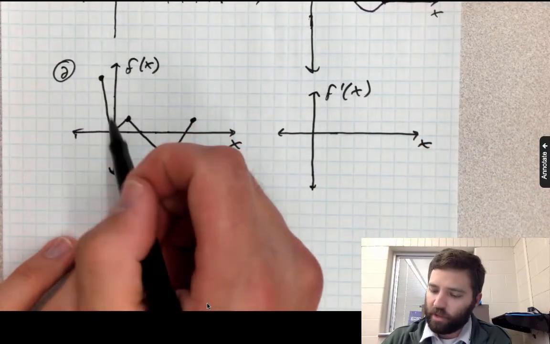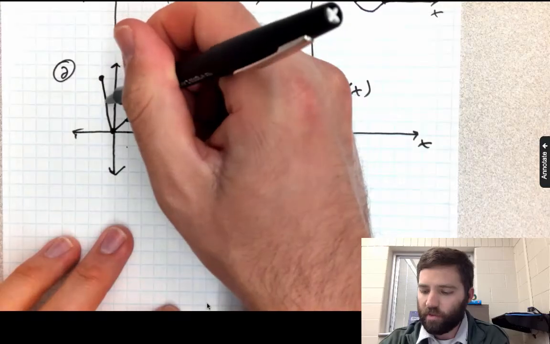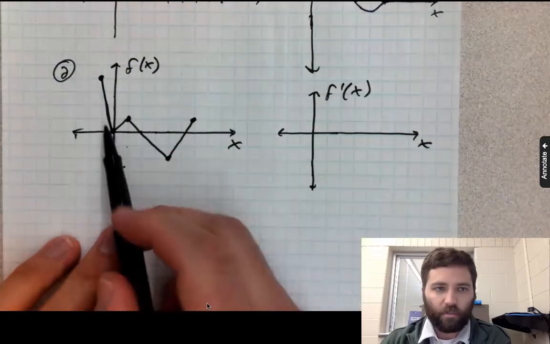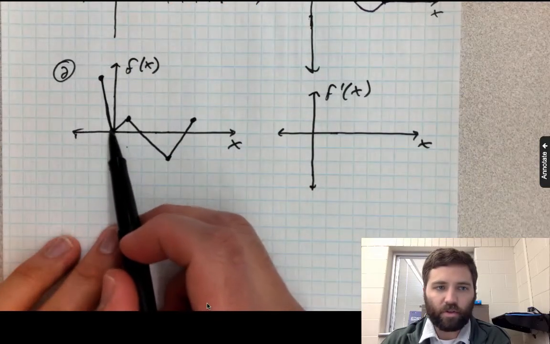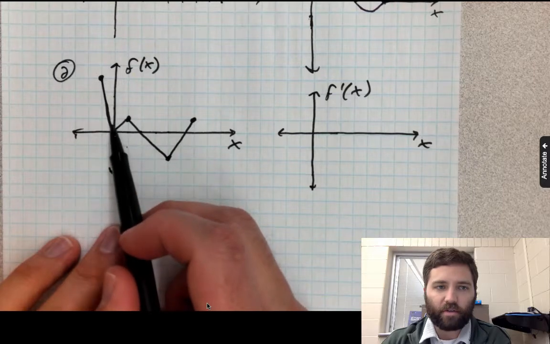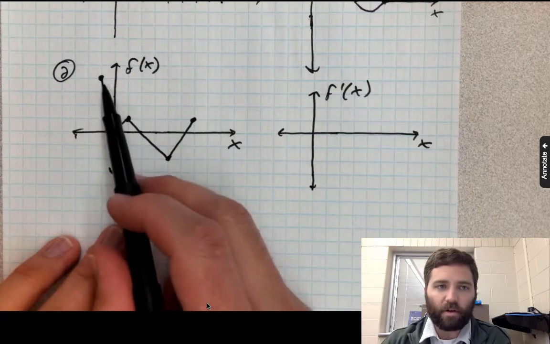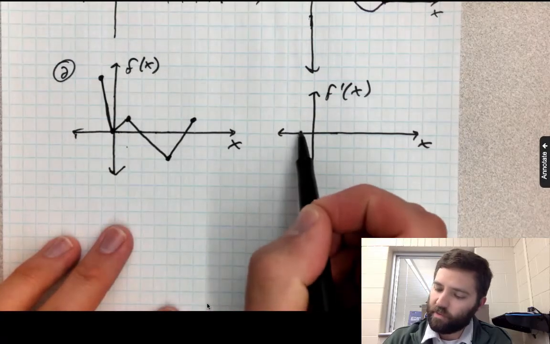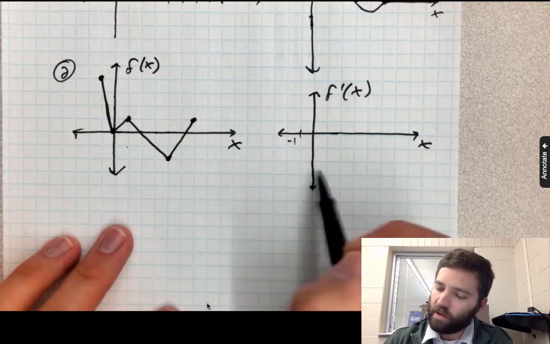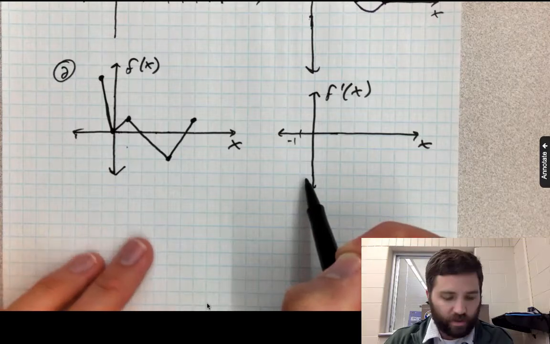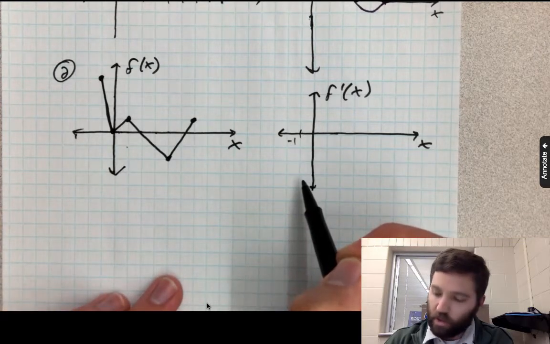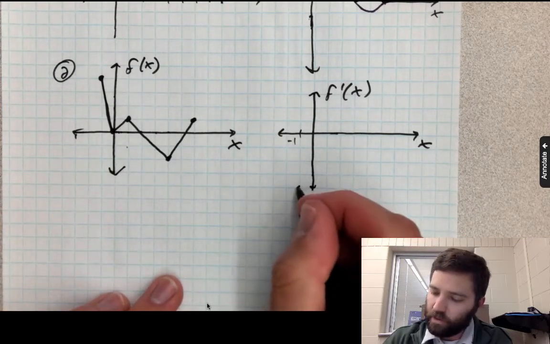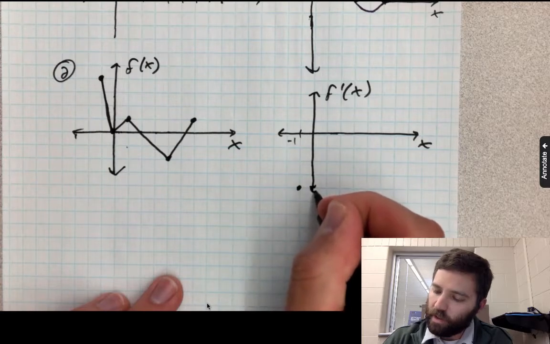So from -1 to 0, we know what the slope of all the tangent lines are. The slope of all the tangent lines on that interval are the same. They're all -4, down 4 and over 1. So on the graph of the derivative from -1 to 0, we are going to graph -4. And it's going to have a closed dot here and an open dot here.